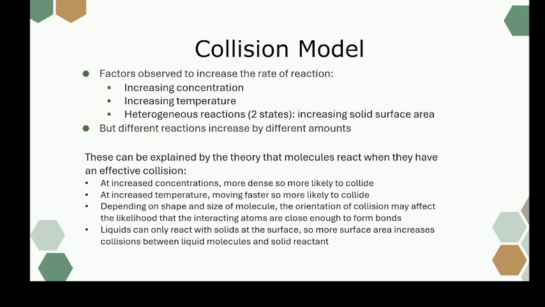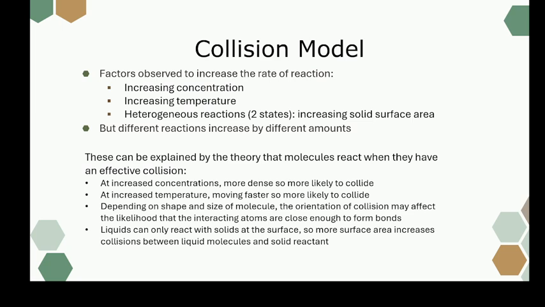Increasing the temperature has to do with how fast the molecules are moving. The absolute temperature relates to the average kinetic energy of the particles, and so at higher temperatures they're moving faster. If they're moving faster, they're more likely to have a collision, so that's going to increase the rate.